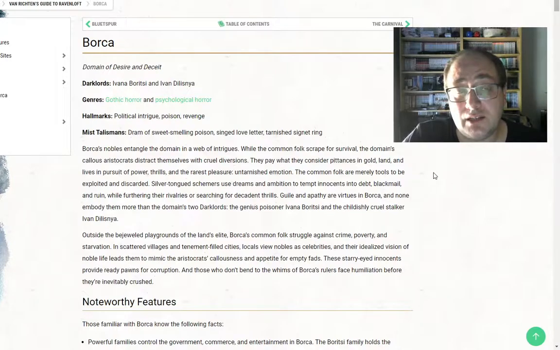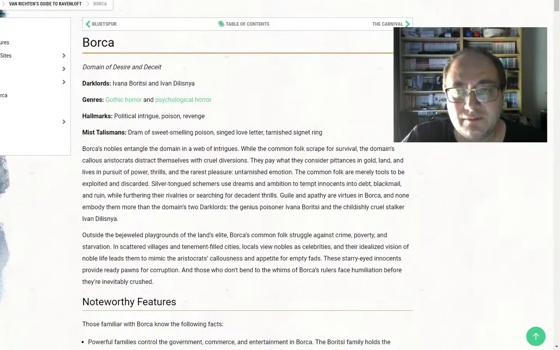I like games that have political intrigue and things like that. The problem I have is that, at least as written in this book, it doesn't sound all that horrific. In fact, most of Borca sounds like a pretty generic fantasy land, maybe a bit grittier than some fantasy settings, but it basically appears almost like a generic fantasy with a bunch of squabbling noble houses.